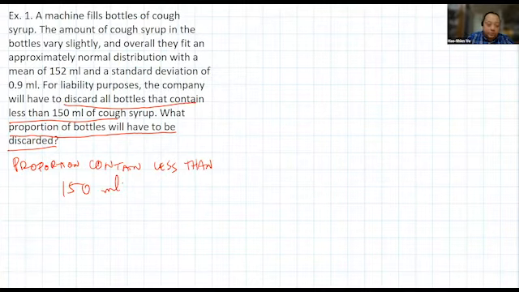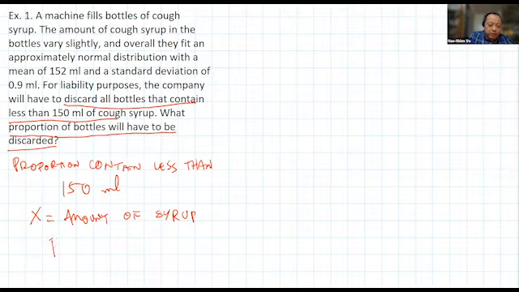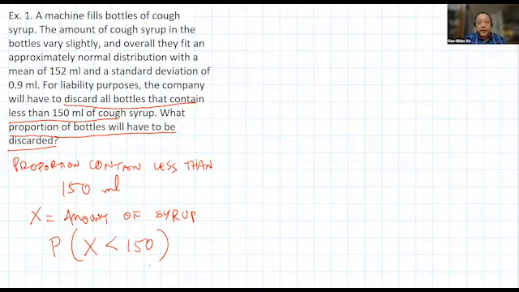So that means we understand that our variable x is the amount of cough syrup, and the question asks for the probability that x is less than 150. And then we go through some magic and we end up with this solution.